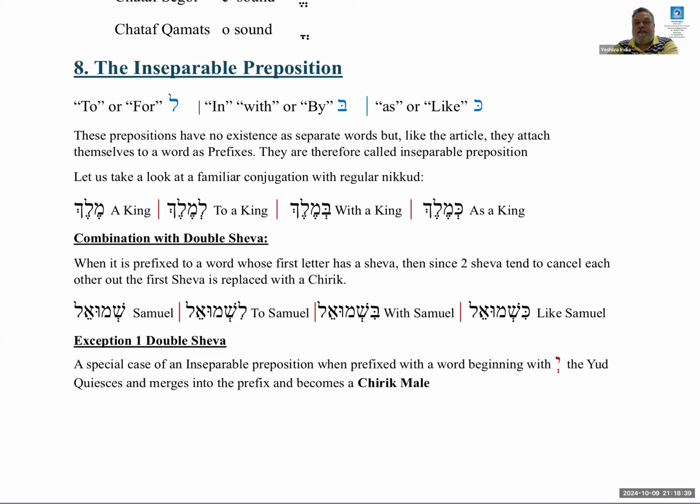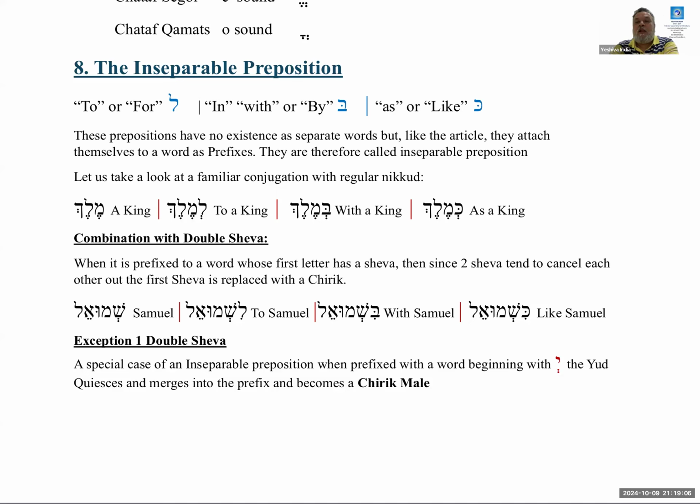Above, we saw that the sheen had a sheva, but what happens when a word starts with a yud and you have to add the preposition to the yud? Again, you are stuck with a double sheva, but the rule changes when it's a yud. When it is a yud, it becomes a kirik malay, right? So the yud gets subsumed into the preposition and it becomes a kirik malay.